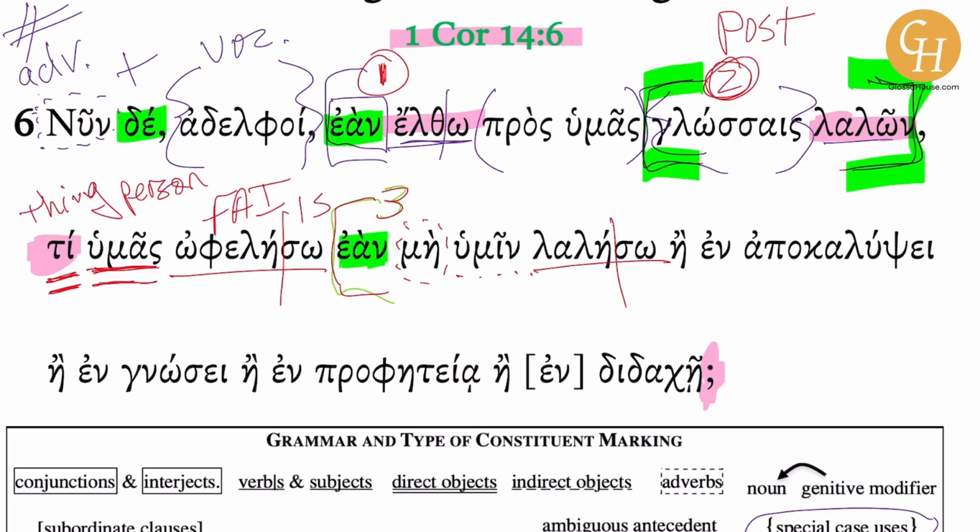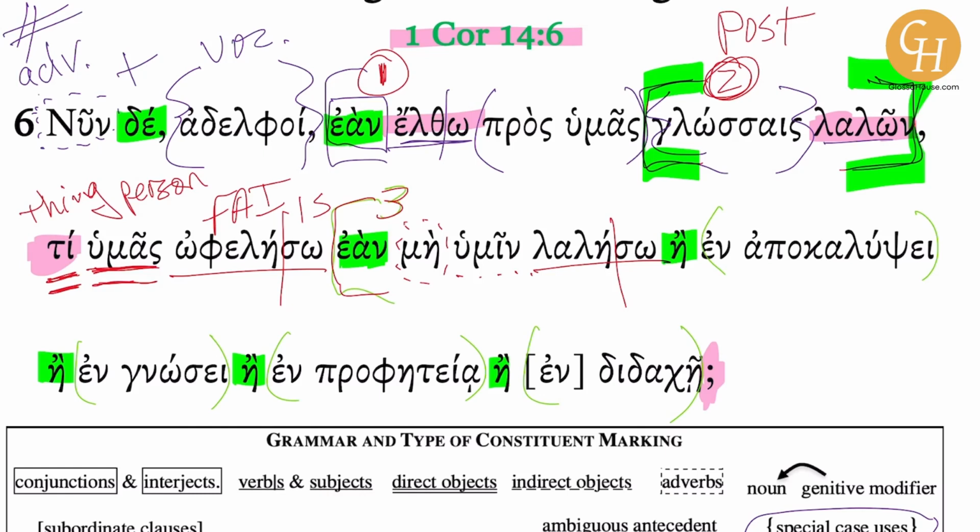Or, and here we're going to get a list, e, e, e. And so what you have is a listing of different types of manners of speaking: in revelation or in knowledge or in prophesying or in a teaching.